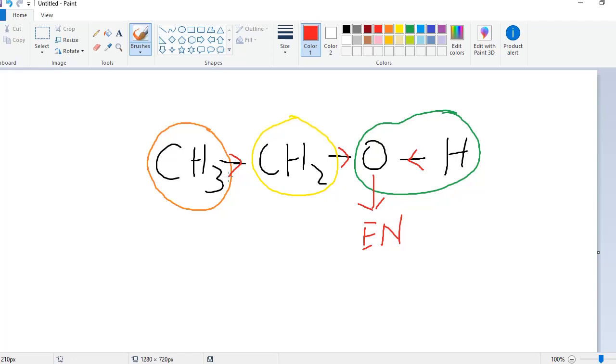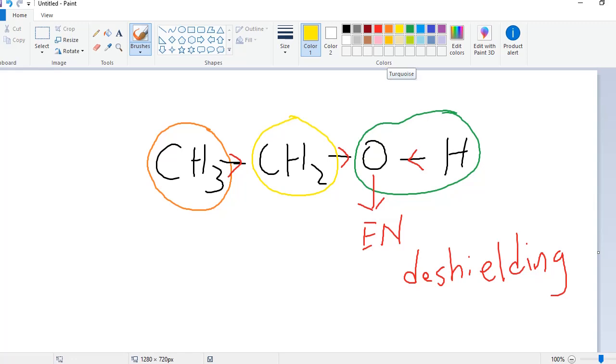Now as oxygen pulls the electron towards itself from the molecule, it is actually removing the shield, that is, it is de-shielding. So now the proton would experience more magnetic field than it would have experienced in the absence of oxygen.